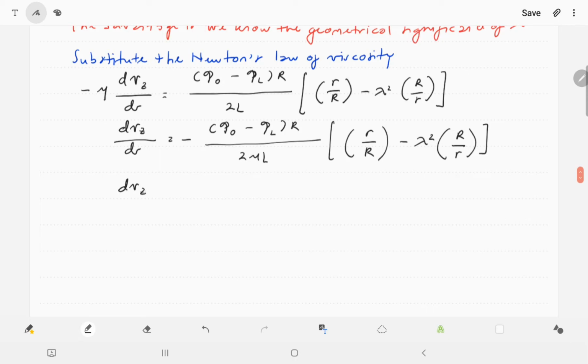Okay, and then we move the dr to the right hand side.